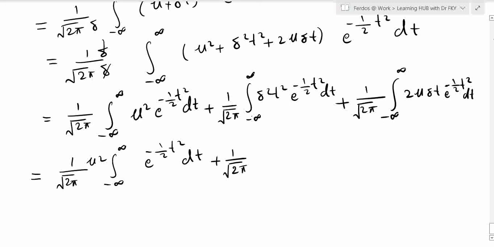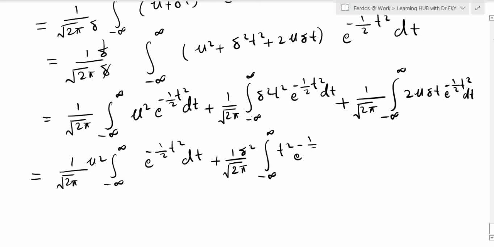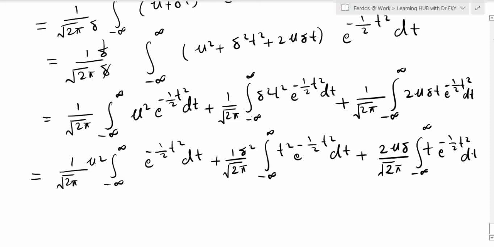You can write sigma square outside, minus infinity to infinity, t square e power minus 1 divided by 2 t square dt, plus 2 mu sigma. These are all constant with respect to t. So minus infinity to infinity t e power minus 1 divided by 2 t square dt.